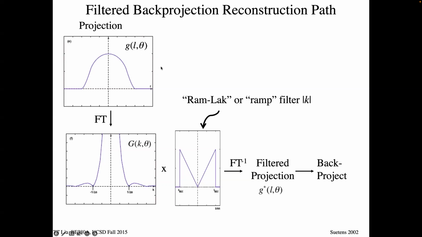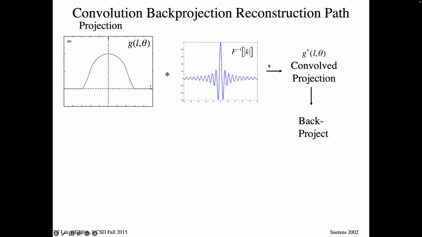So we can look at it in two spaces: the Fourier domain and the spatial domain. We're going to get to the same place, which is this convolution back projection. Why don't we start in the spatial domain? Here's G L theta, which we have measured on the scanner for this particular value of theta.